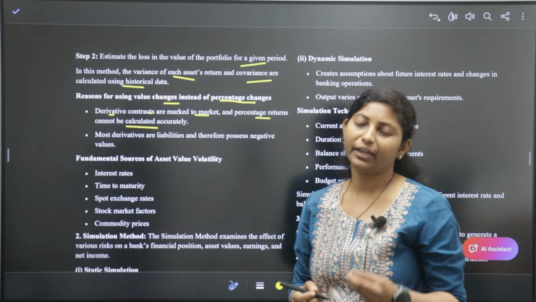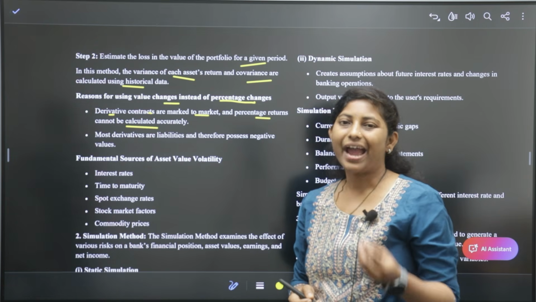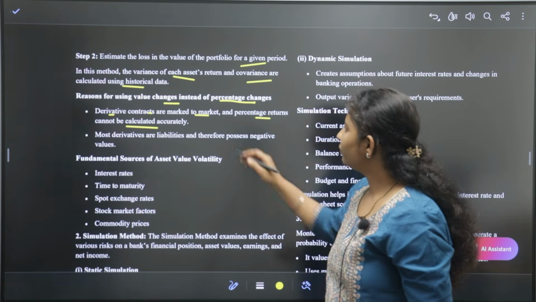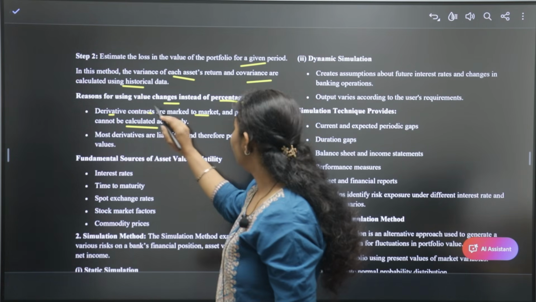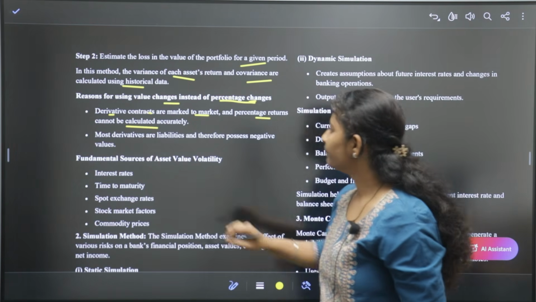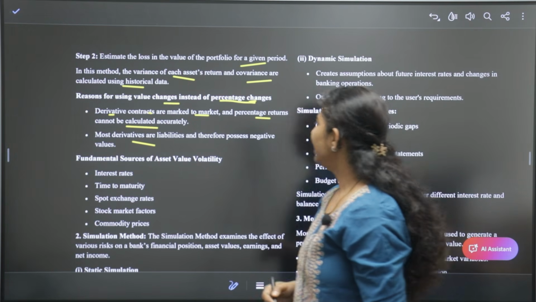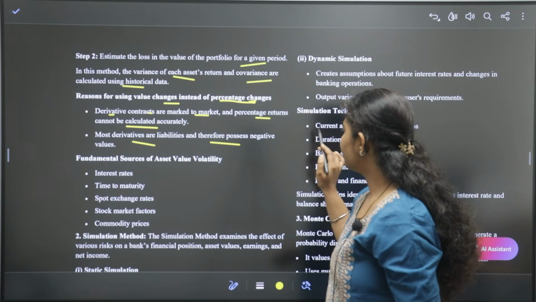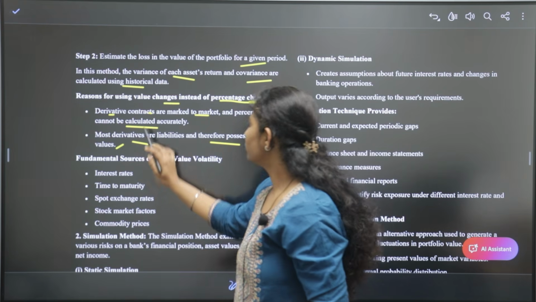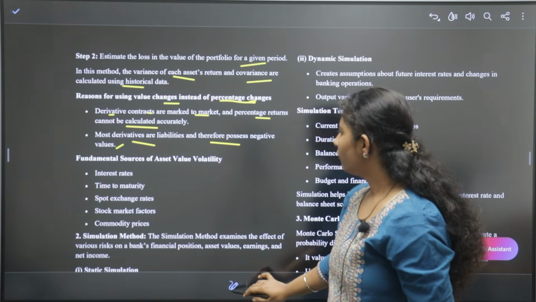Most derivatives are liabilities and therefore possess negative values. So because of that we use value change.